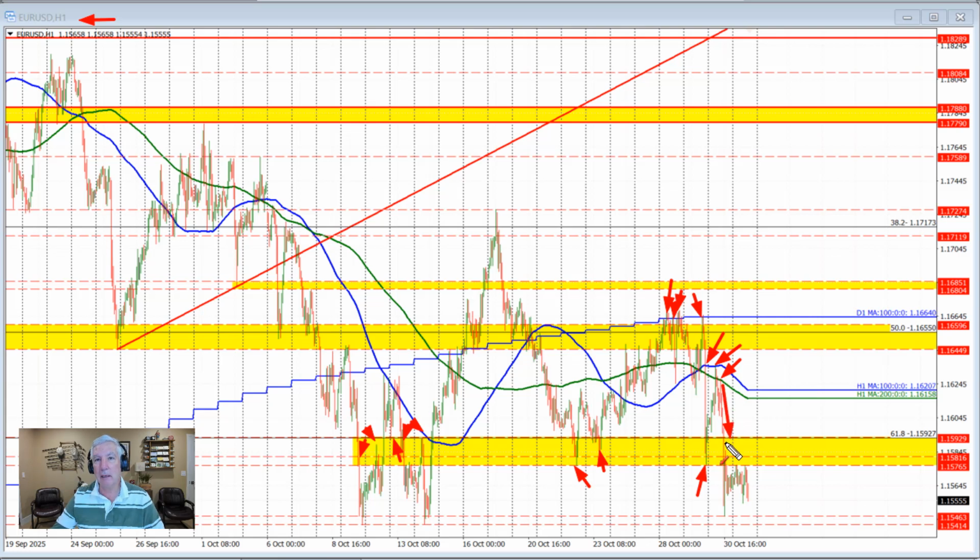That gave the go-ahead to push below this level down to our low for the week and the low for the day yesterday, which also happened to be within about 5 pips of this double bottom right through here and this other low right through here, between the 115.41 and 115.46. So guess what? This area is now the support target on the downside. We're going to need to get below that level to increase the bearish bias.